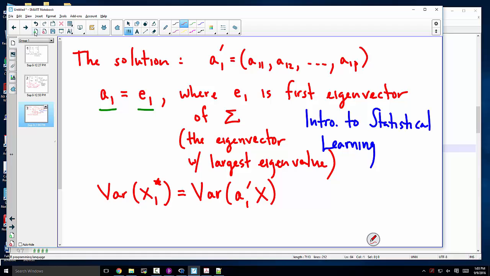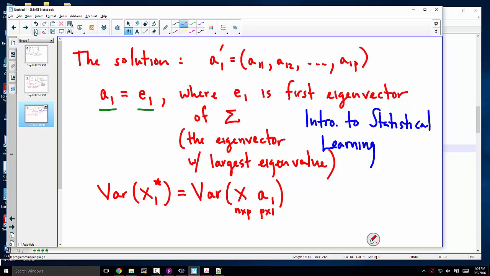X needs to be the other way around. Hold on. X is n by p, and A1 is p by 1. So if you matrix multiply n by p by p by 1, you get row by row the linear combination for that individual.